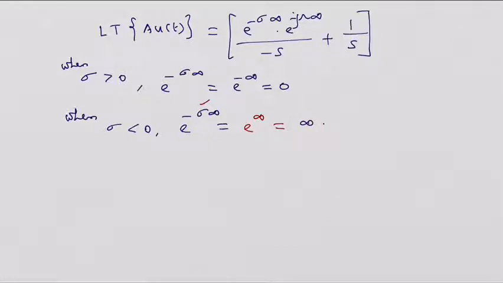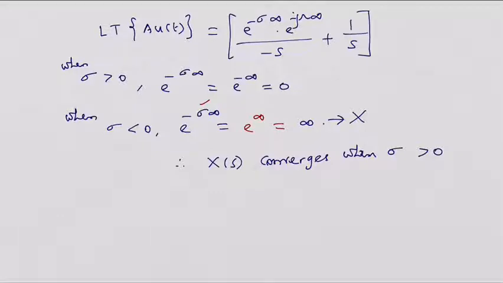This is not supposed to be the condition for the existence of the Laplace transform. Sigma less than 0 should not appear in the conditions. Therefore I can say that X of s converges only when sigma is greater than 0.